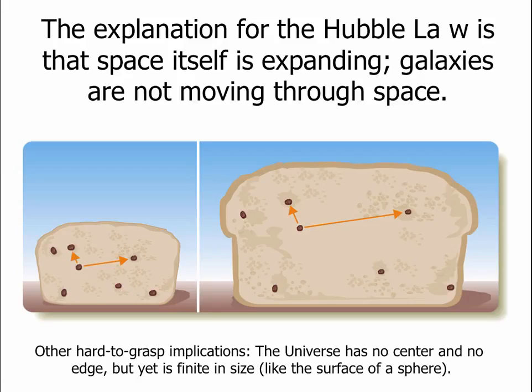And the easiest way to explain this, that doesn't require putting us at the center of the universe, is that space itself is expanding and carrying the galaxies along for a ride. And it wouldn't matter which galaxy you were on in the universe, you would see all the other galaxies moving away from you in this picture.